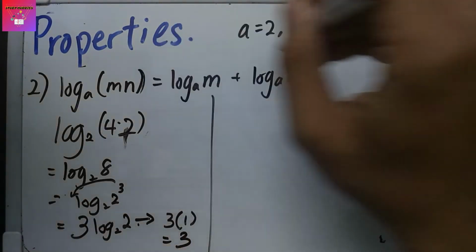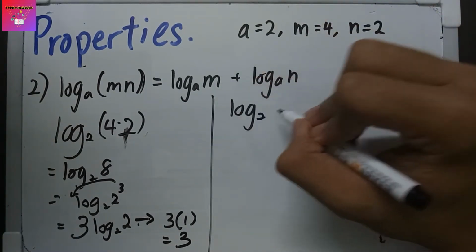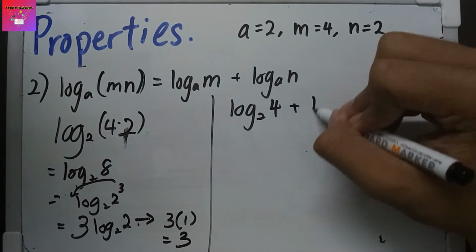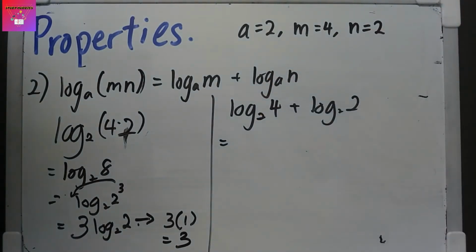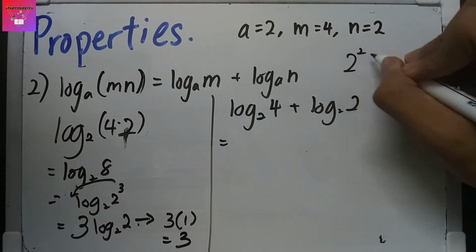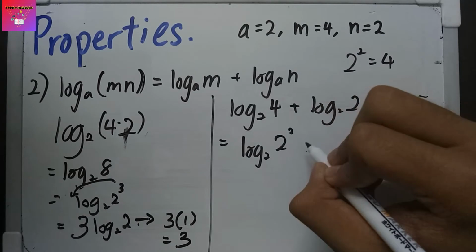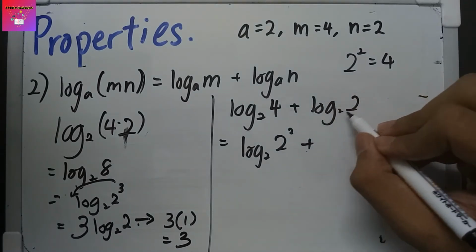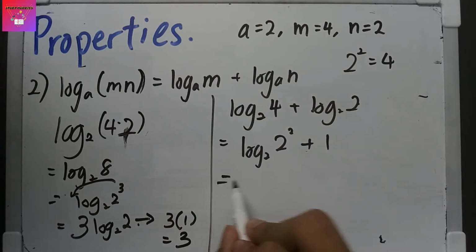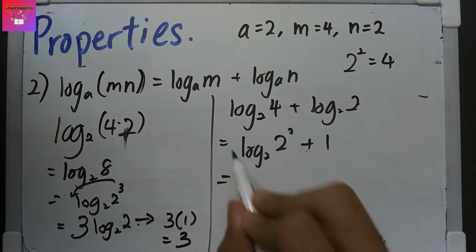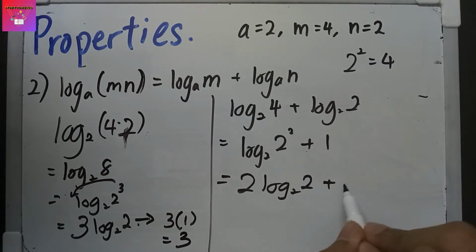So now let's try using this part. Log base 2 of 4 plus log base 2 of 2. 4 is actually 2 to the power of 2. So log base 2 of 2 squared plus log base 2 of 2. Since the numbers are the same, you can just write it as 1. Since there's a power here, just bring it down. 2 log base 2 of 2 plus 1.